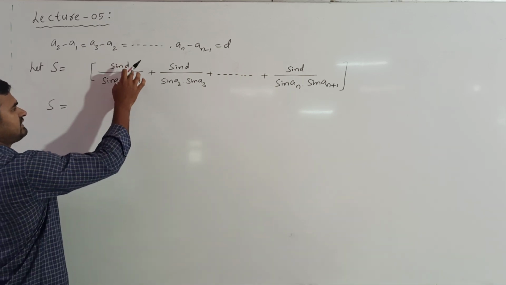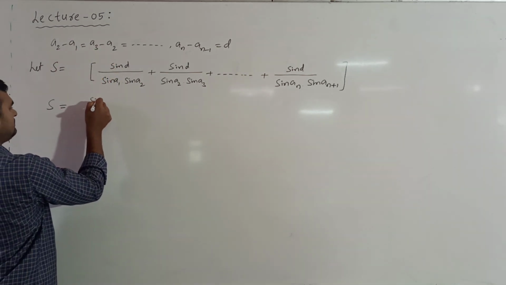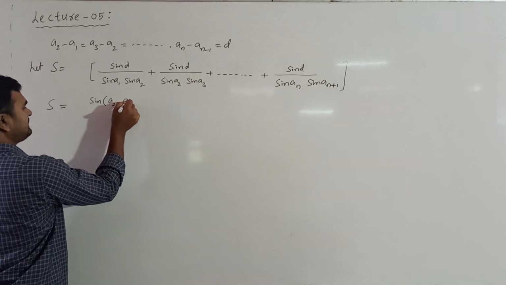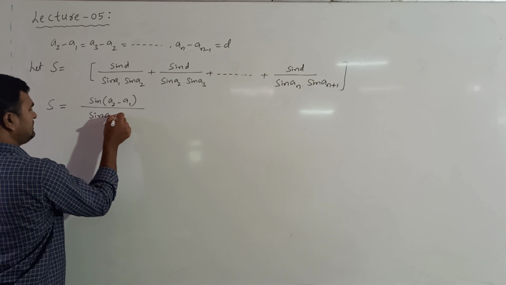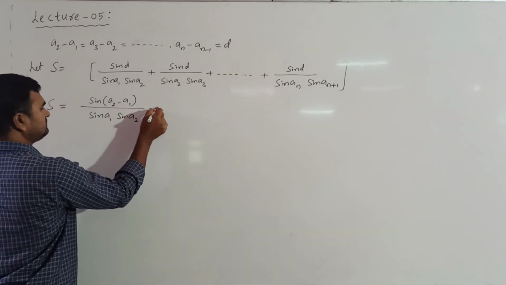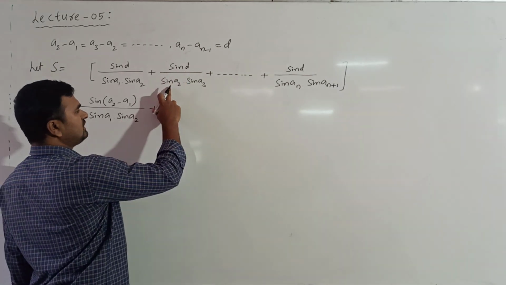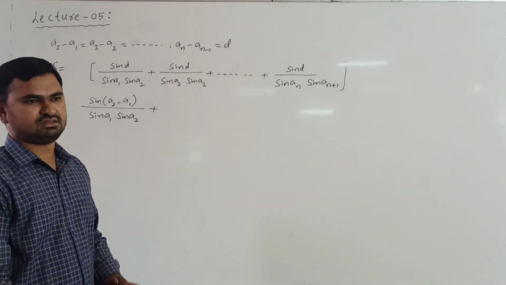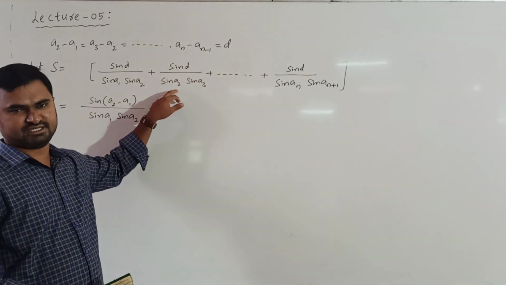Here d I write as a2 minus a1. So numerator is sin of a2 minus a1, denominator sin a1 into sin a2 plus second term, observe sin d divided by sin a2 sin a3. So here d I will write in terms of a3 minus a2.